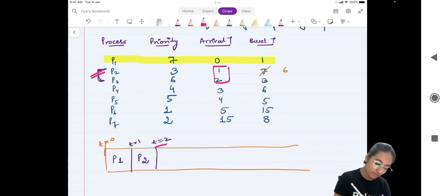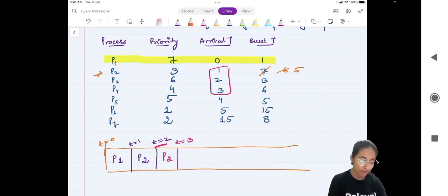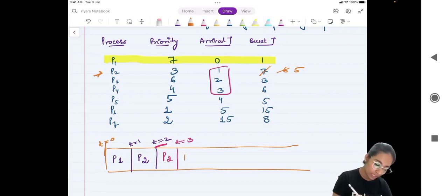So P2 will keep on executing, and this is at t equal to 3. Now we still have 5 more units to execute. At t equal to 3, we also have another process, but the priority of P2 is still higher, so P2 will keep on executing.